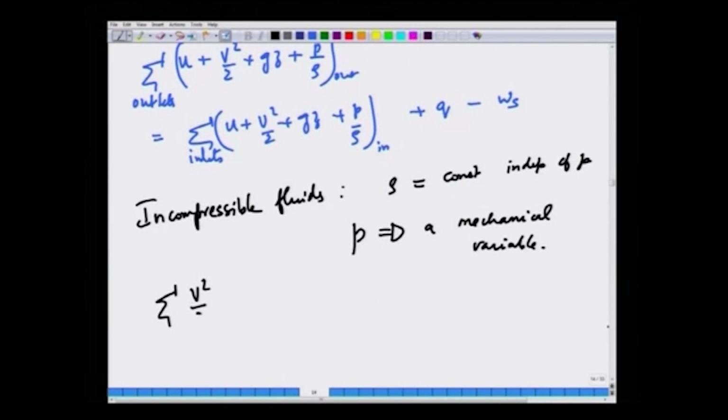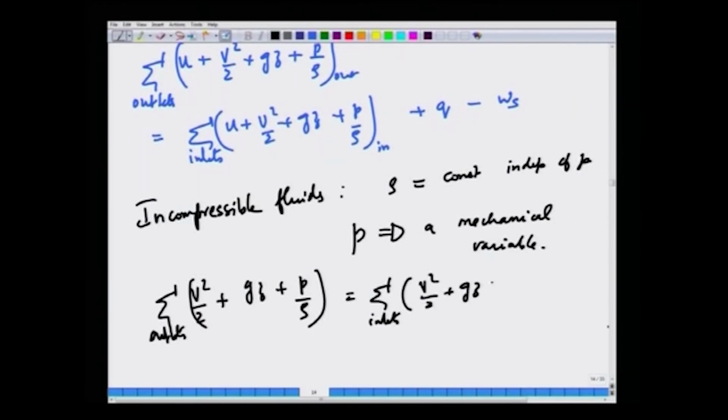Summation over all outlets of V²/2 + gz + P/ρ is the summation over all inlets of V²/2 + gz + P/ρ, this is at outlet, this is at inlet, plus (u_out minus u_in) minus q, minus w_s, small w_s, this is not a rate.